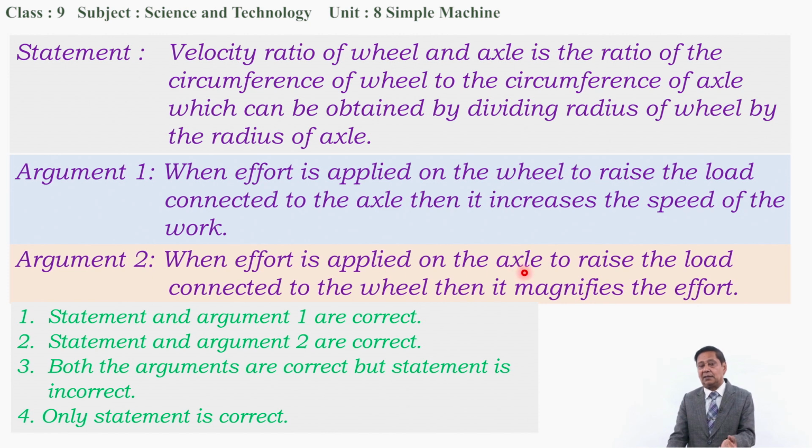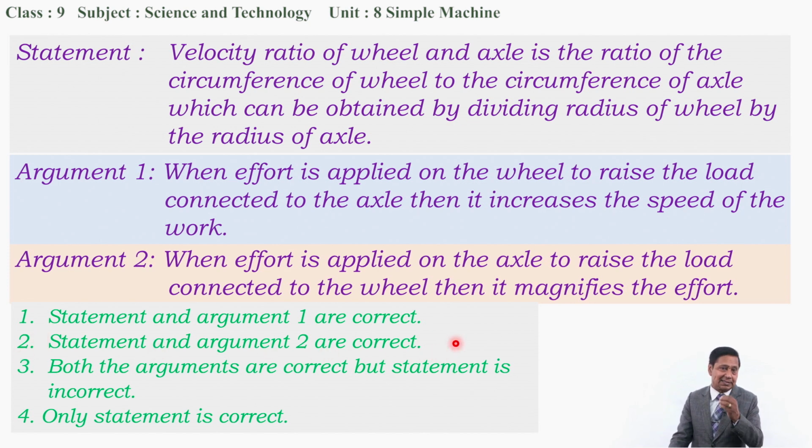Effort is applied on the axle, then effort distance will be the radius of axle, and it is less than load distance. If effort distance is less than load distance, then it cannot magnify the effort. Effort distance should be greater than load distance to magnify the effort. That's why this argument 2 is also incorrect. So, we have to cut this also.